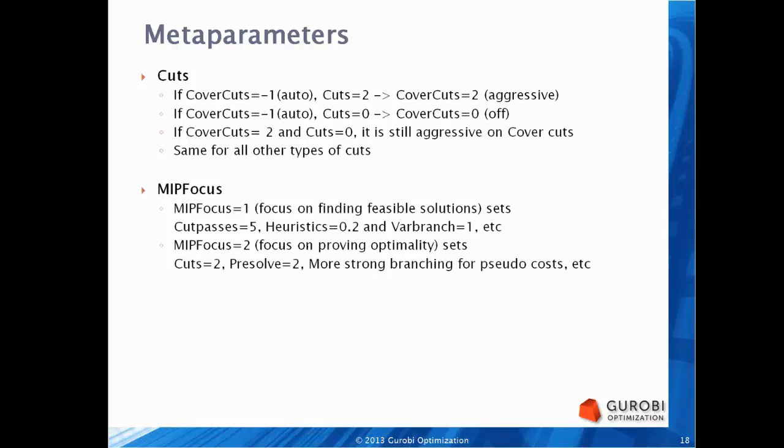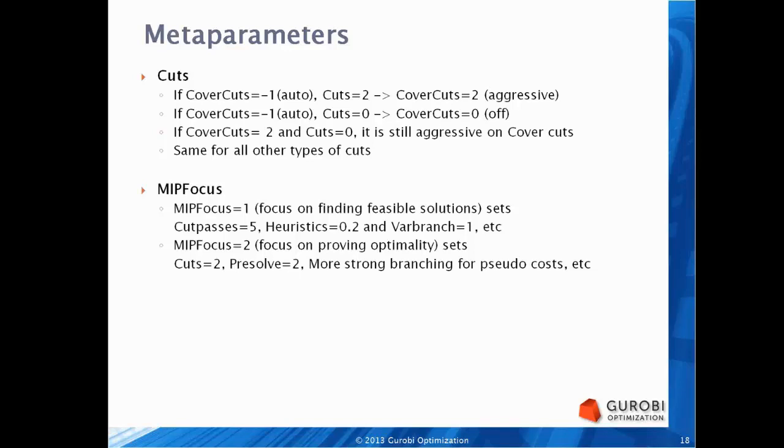Now for Gurobi, also for convenience, we introduced meta parameters like Cuts, for example. I mean, we have a lot of cuts. You may want to be aggressive on all the cuts, and especially using the interactive shell, you may need to type a lot. Now for your convenience, we just let you, for example, set the Cuts parameter to 2.